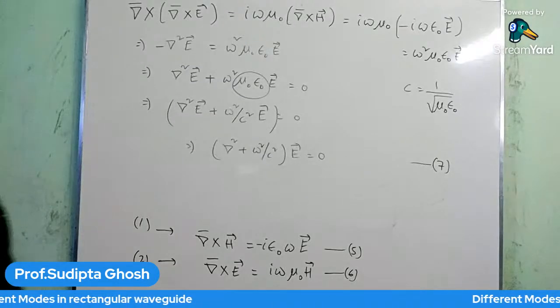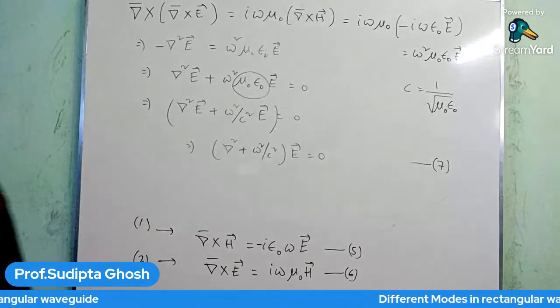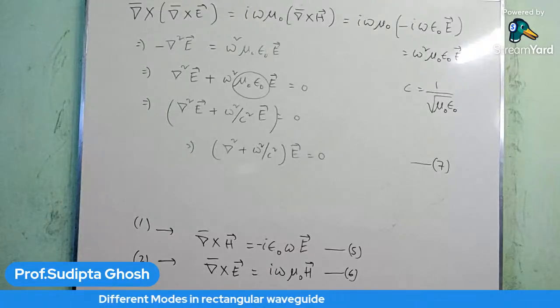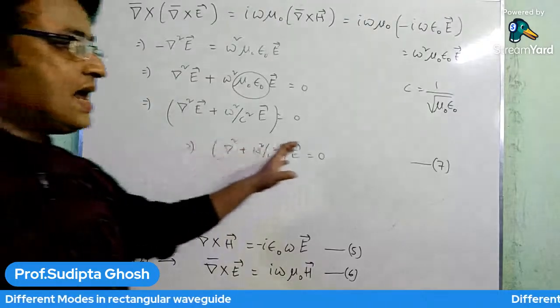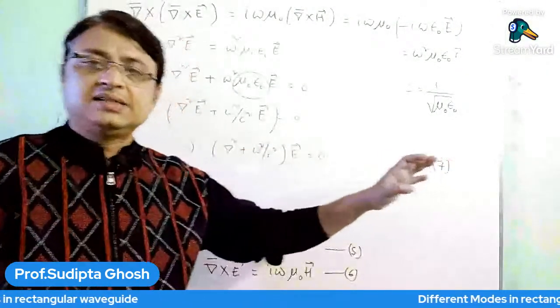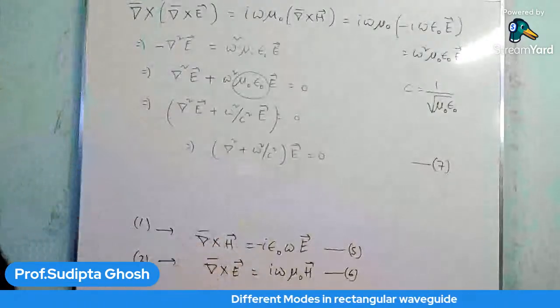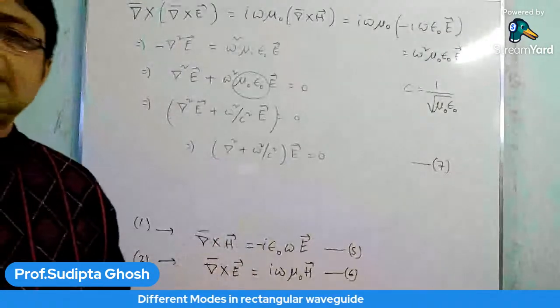Now we are interested in the solution that represents the waves propagating along the axis of the waveguide. The axis of the waveguide is taken as the z-axis.